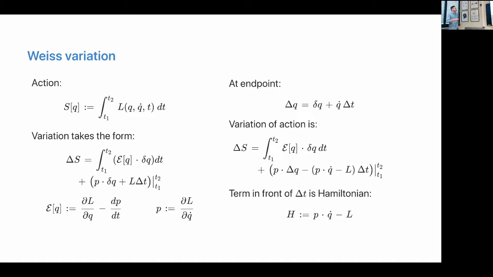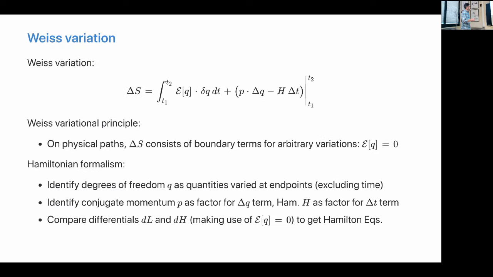You write the total variation, solve for the little delta Q, and replace this delta Q in the boundary term, and this is the result. You might recognize that the term in front of delta T just happens to be the Legendre transformation of the Lagrangian, which is, of course, the Hamiltonian. And so that is the Weiss variation.